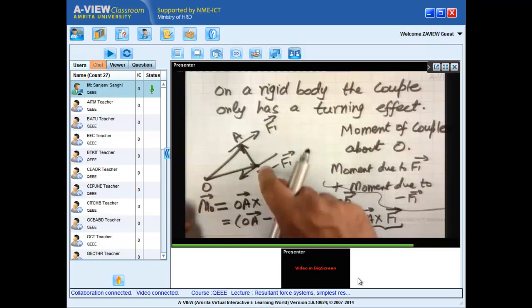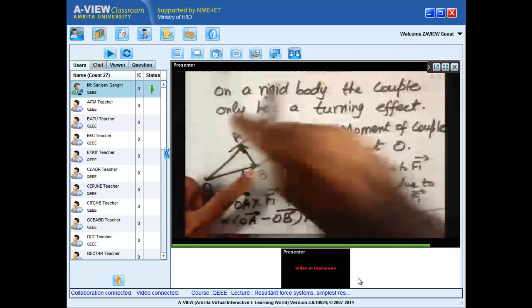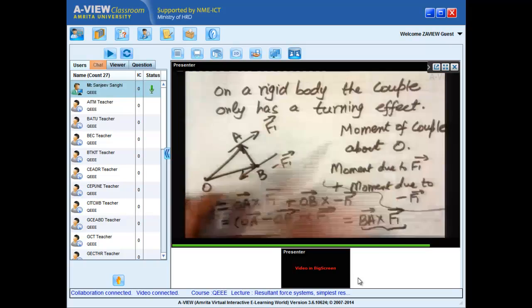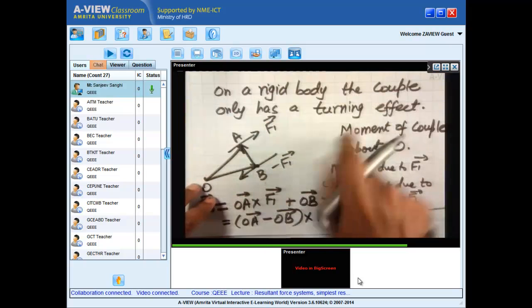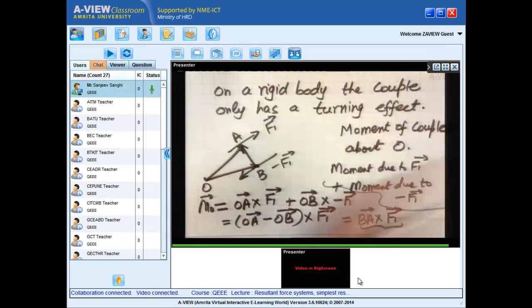And what is BA cross F1? BA cross F1 is nothing but the moment of the force F1 about the line of action of the force acting along the other force.